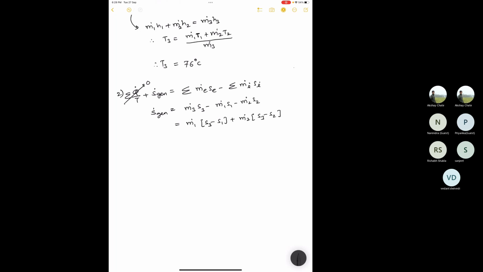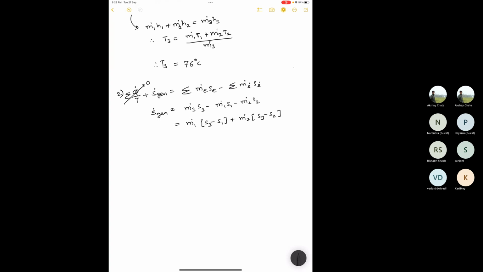And now, what to do next? You don't have a steam table or any data given in the question, right? So here, you know that for that m Cp ln T2 by T1, if it is an ideal gas, there is one additional term, maybe a pressure or volume term. But this is water, so that term goes to 0.